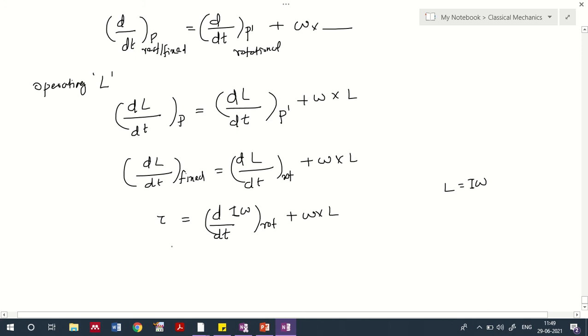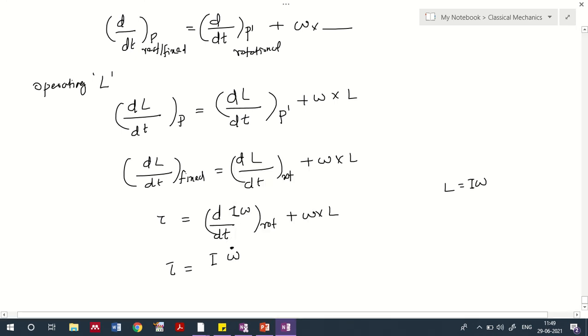Now what do we do with that? We have tau equal to, we can take I outside, then d omega by dt, which I simply represent as omega dot, that is d omega by dt.